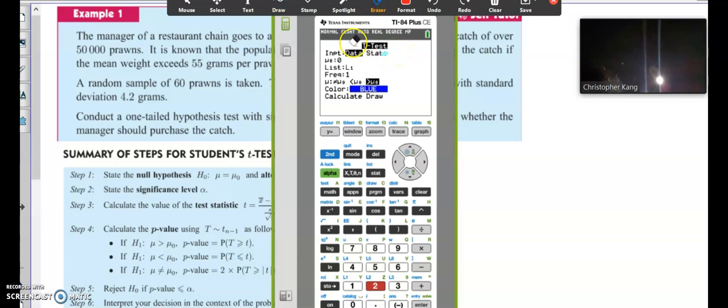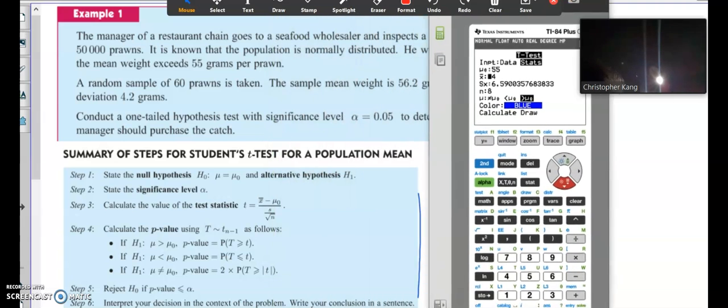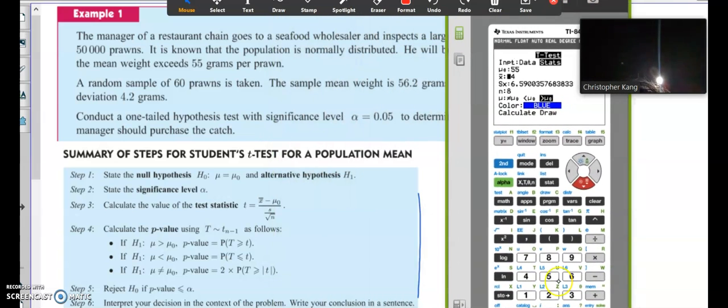So when we do this test, in this case, I'm going to choose statistics as my mode for my t-test. Now, the mean that we're looking for was 55. The mean of our sample was 56.2.